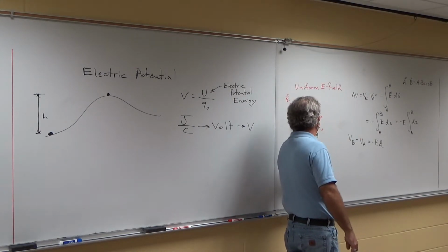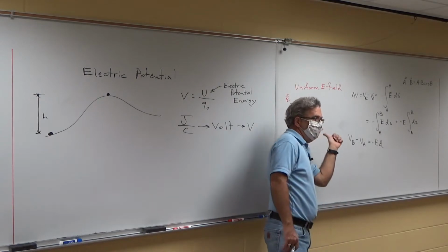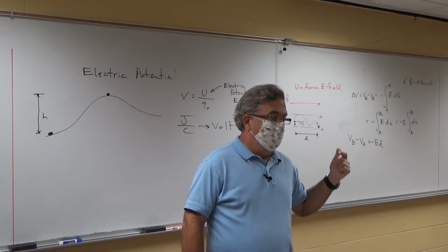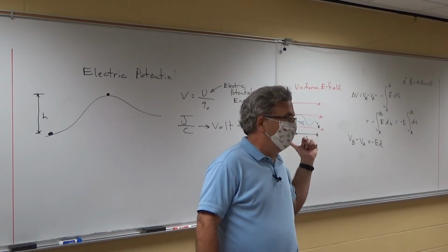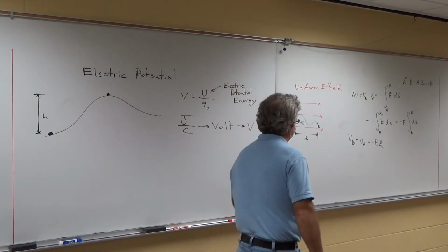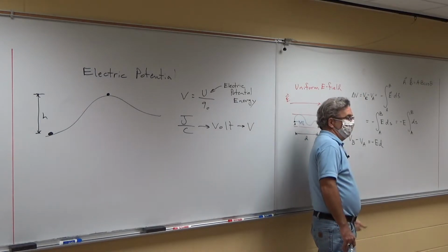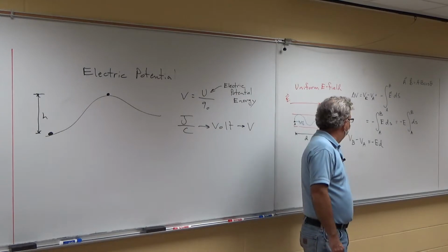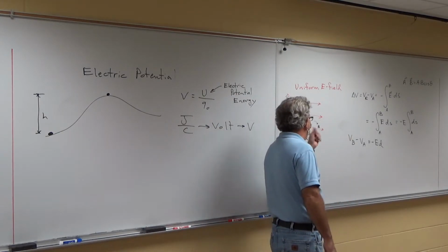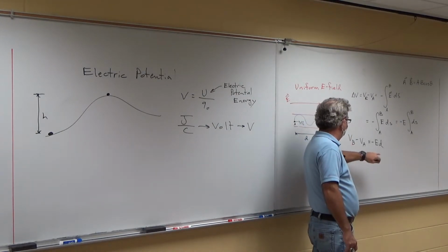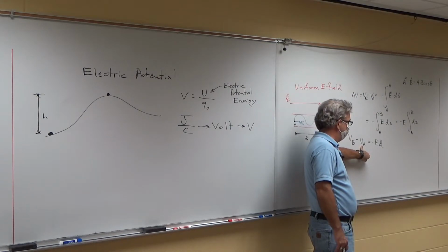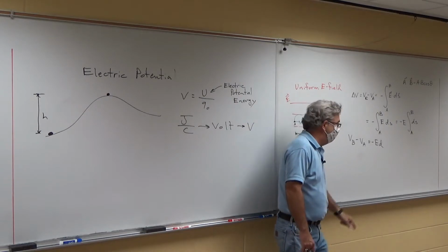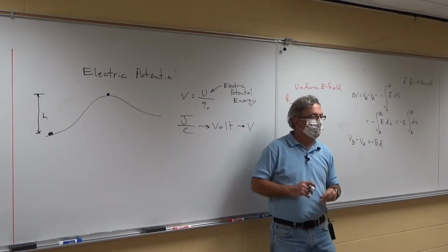If you're moving against the field lines, or anti-parallel, as some texts say, anti-parallel means parallel but in the opposite direction, you're going up in potential. So if you go this way, VB is greater than VA; you swap these two and the negative goes away.